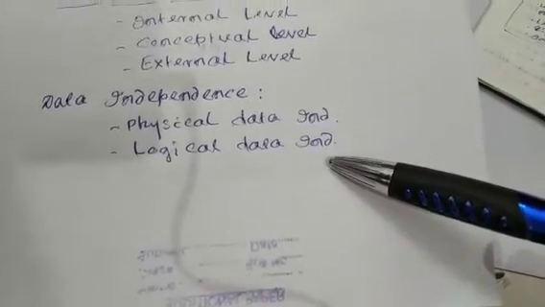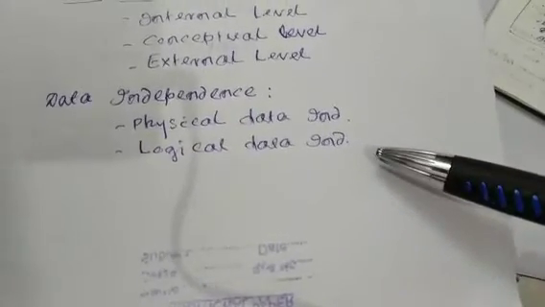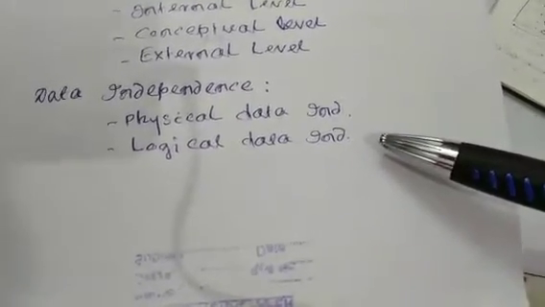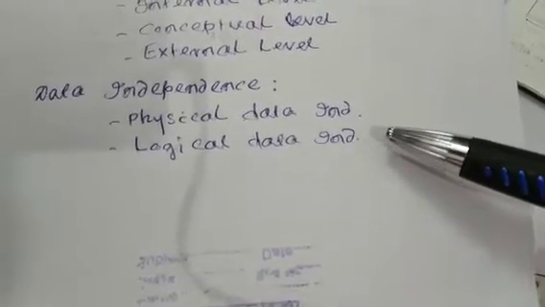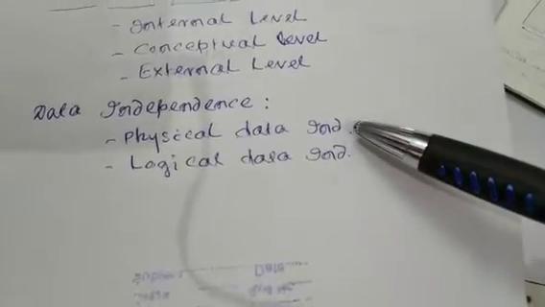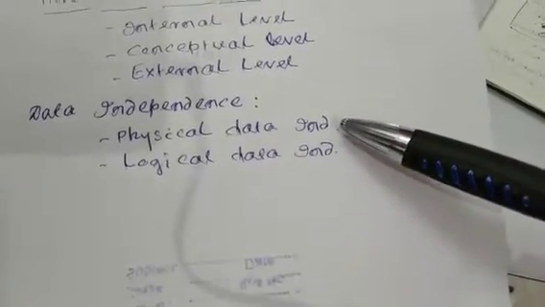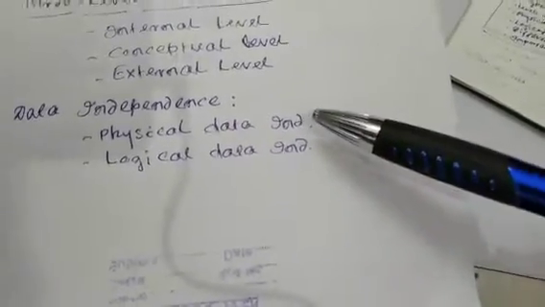Physical data independence allows the user to provide the logical description of the database without the need to change or specify the physical structure. So without changing the physical structure, we can change the logical schema. That is physical data independence.